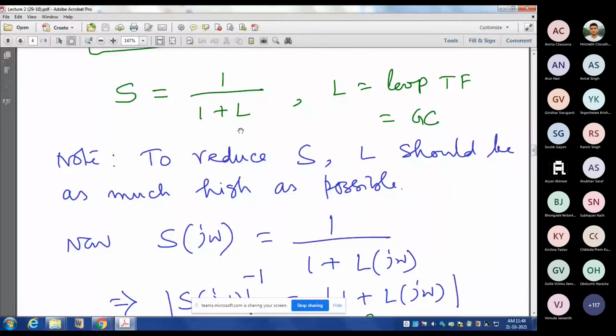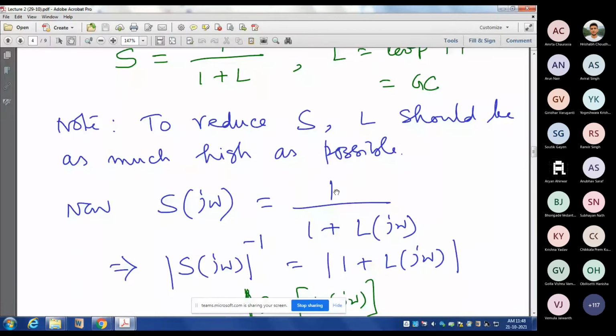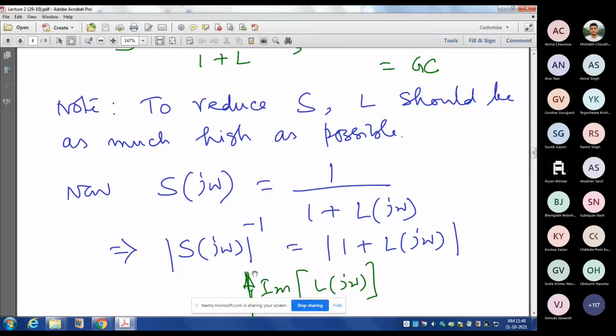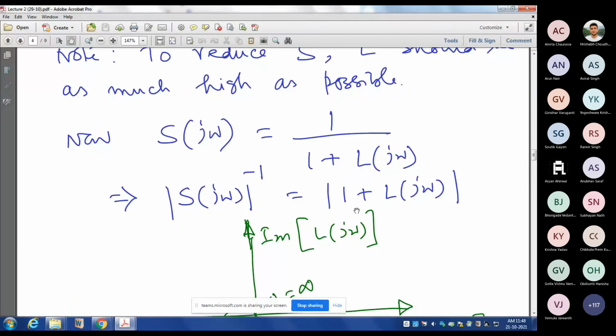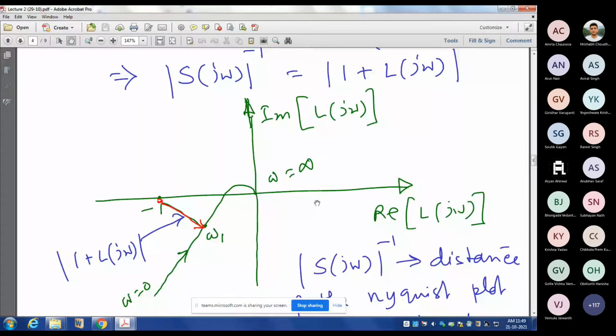So S j omega, as I said, you can write like this, 1 over 1 plus L j omega. And then from here you can see that S j omega inverse is 1 plus L j omega. Now you can see that if you want to draw S j omega inverse, I have drawn it in the L j omega plane.